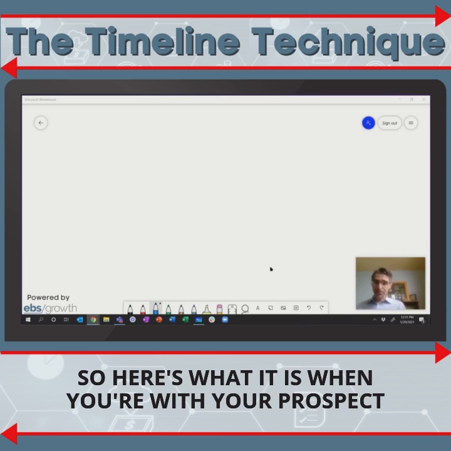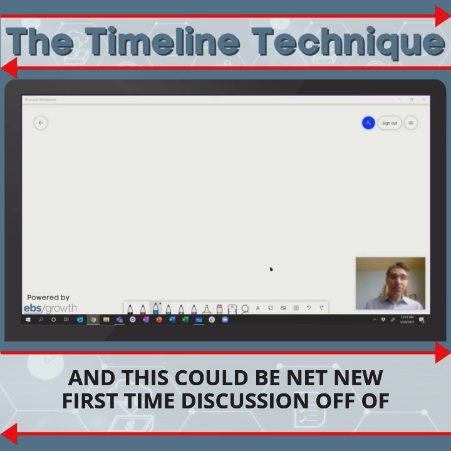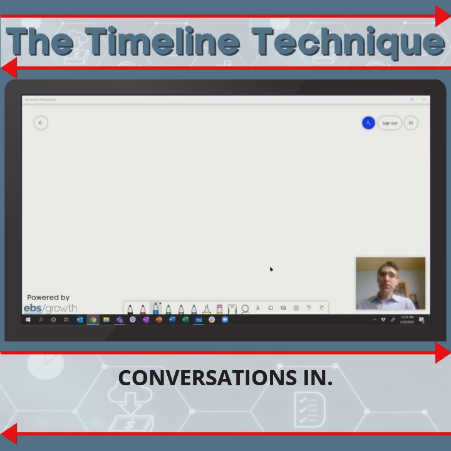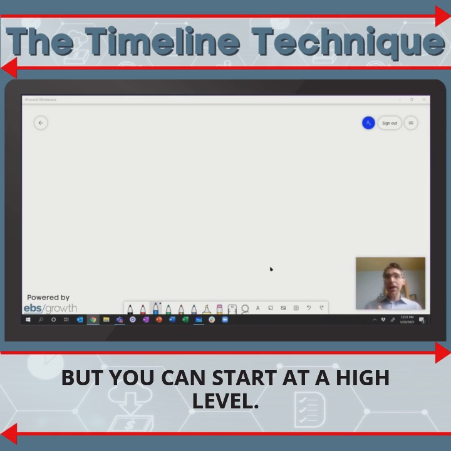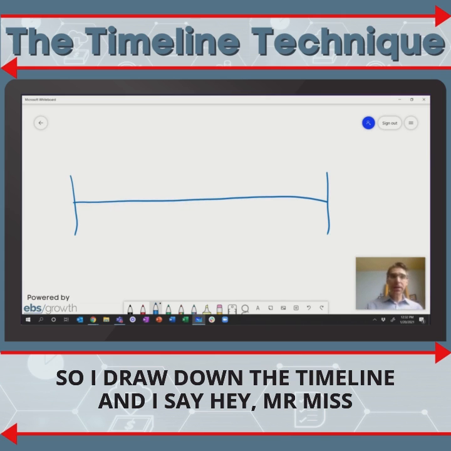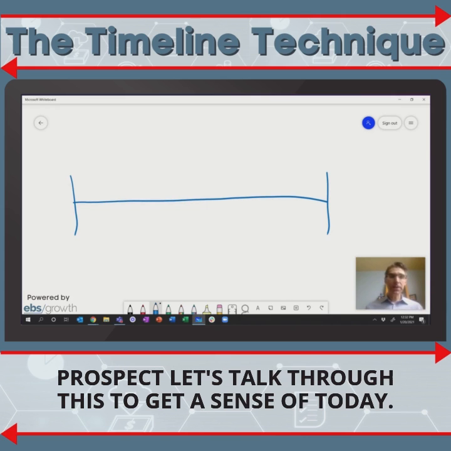So here's what it is. When you're with your prospect, and this could be a net new first-time discussion if I'm in a shorter sales cycle, or it might be several conversations in, you can start at a high level and you start by drawing out a timeline, right? So I draw down the timeline and I say, hey, Mr. or Miss Prospect, let's talk through this to get a sense.